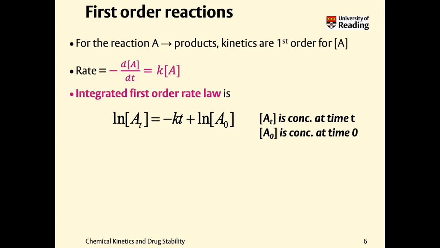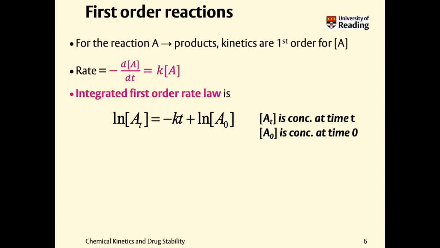Equals minus kt plus the natural log of the concentration of A at time 0, at the beginning of the reaction. So that step of integrating the rate law, I can go through with some of you at a separate time, but you do not need to know how to get from the rate expression at the top there to the integrated first order rate law.